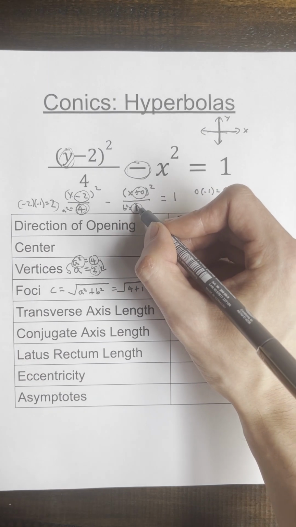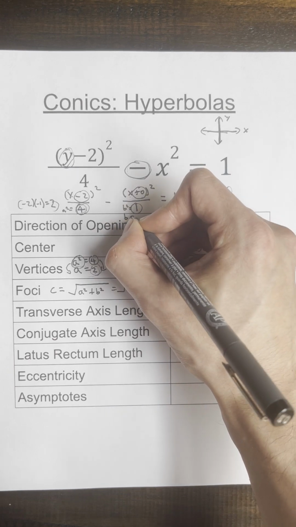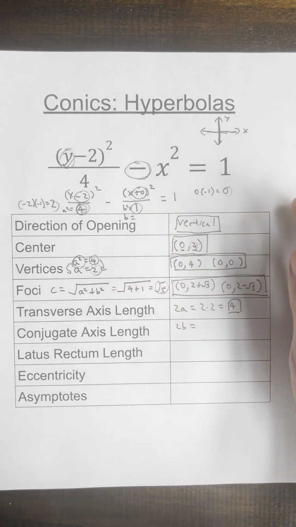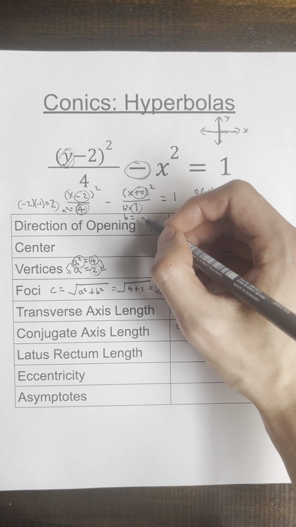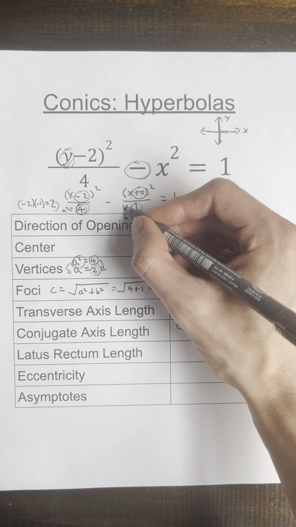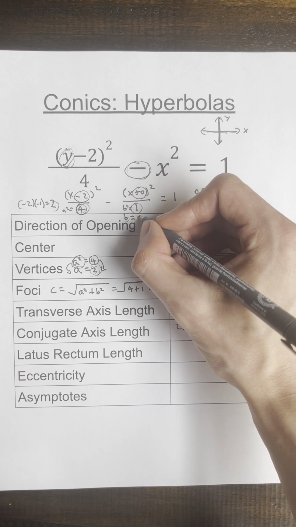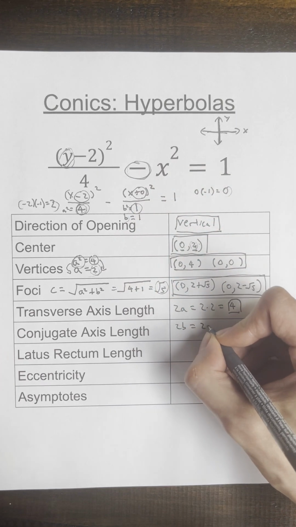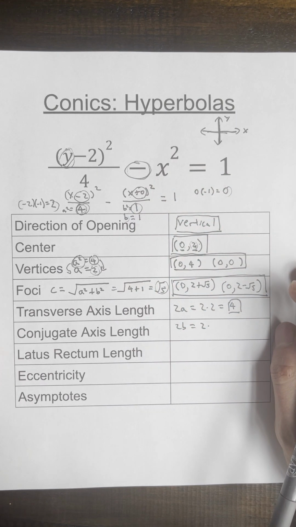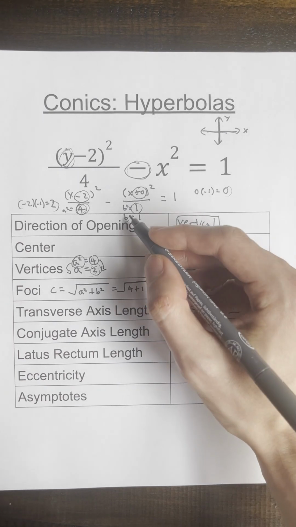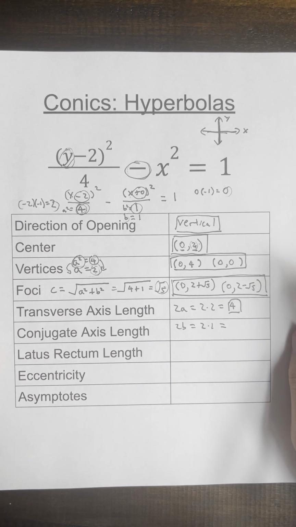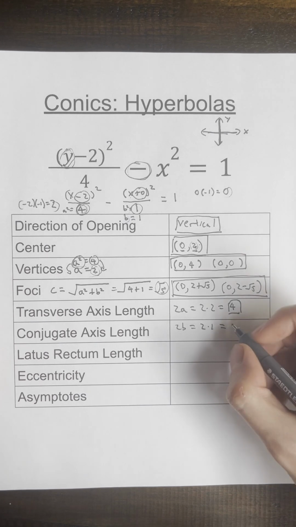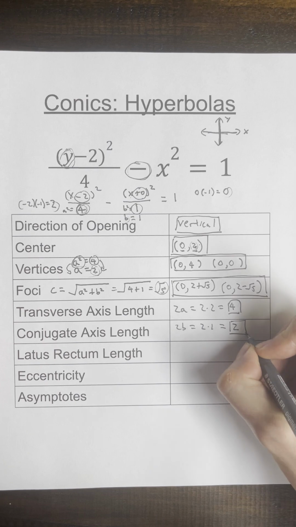So b squared equals 1. What should we do to both sides of the equation to figure out b? We need to take the square root of both sides. So the square root of b squared is b, the square root of 1 is just 1. So change b to 1. What's 2 times 1? 2. This is your answer.